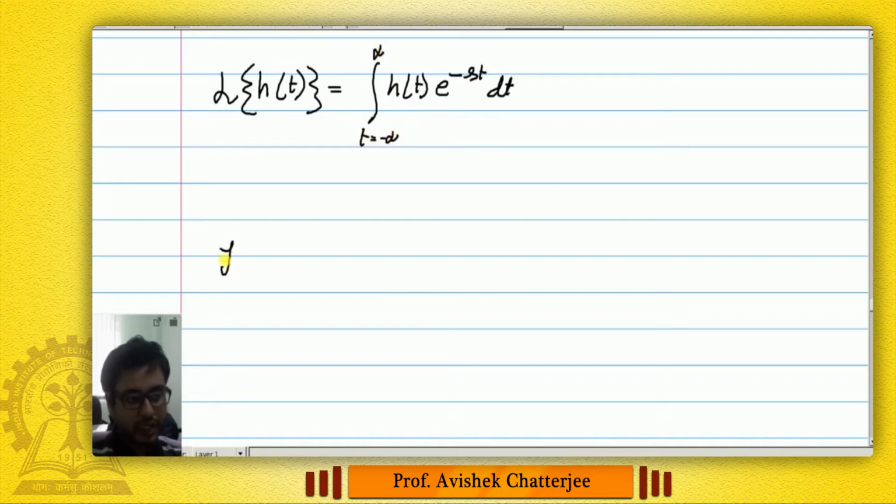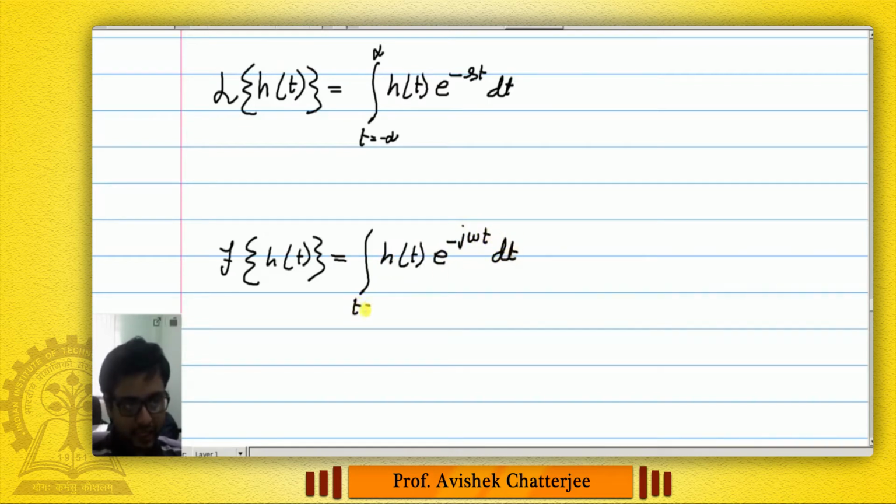And the Fourier transform of the same signal is the integration of h(t) e to the power minus j omega t dt, t running from minus infinity to plus infinity.